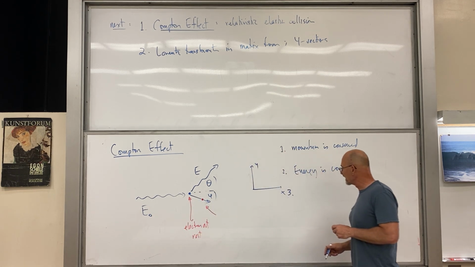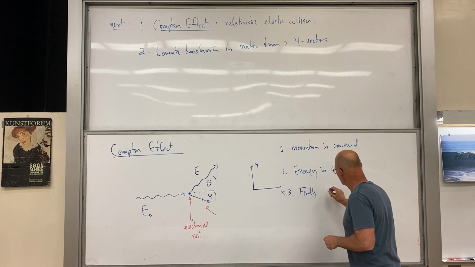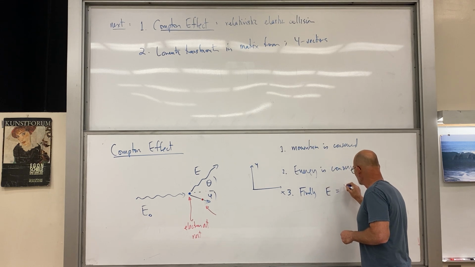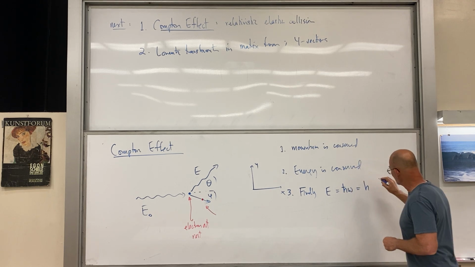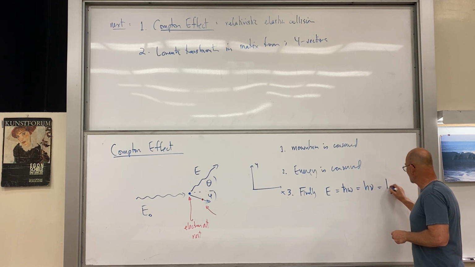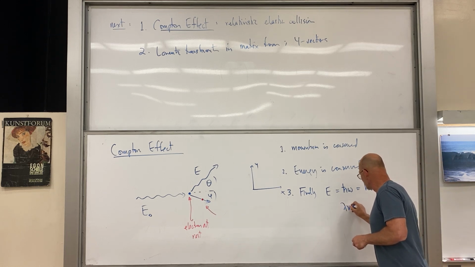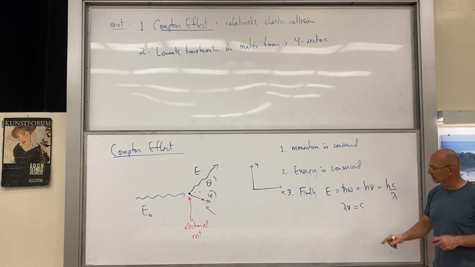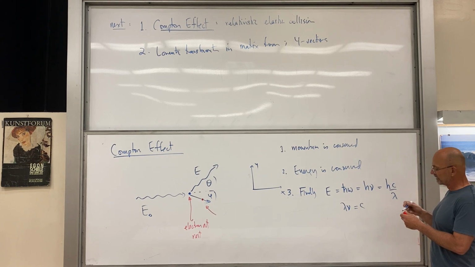Okay, but we're not there yet. But I'll put that down as the ingredient as well. Finally, we're going to have E equals h bar omega equals h nu equals hc divided by lambda, right? Lambda nu is equal to c, wavelength times frequency. So that'll be the third ingredient.